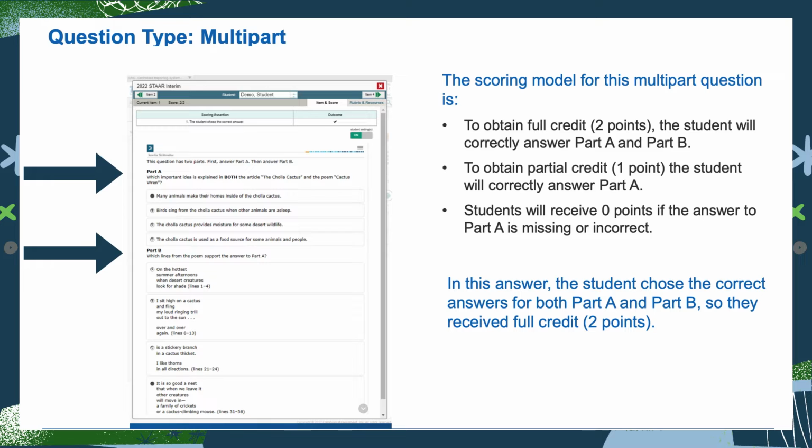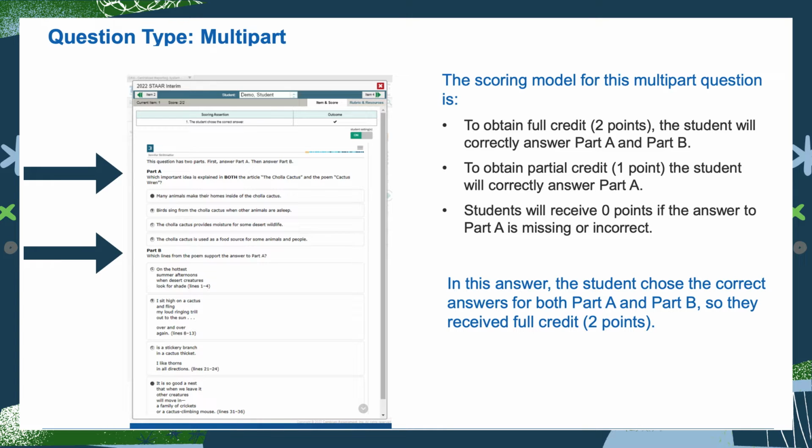In Part A, the student might be asked, which important idea is explained in both the article, The Cholla Cactus, and the poem, Cactus Wren? Students would select the answer choice that they believe best answers that question. Then in Part B, they are asked, which lines from the poem support the answer to Part A?